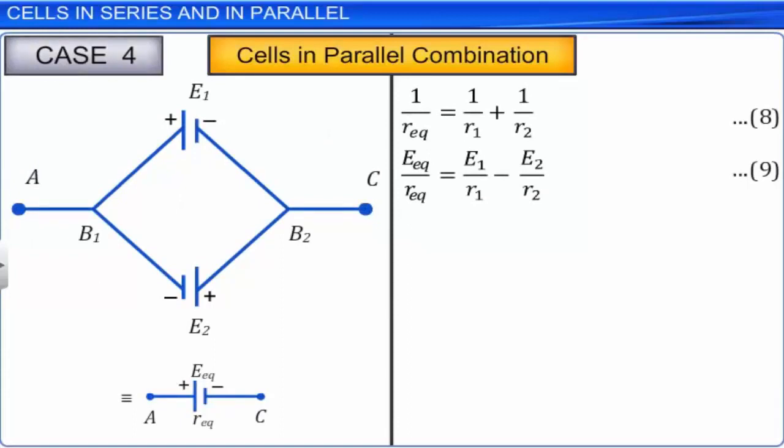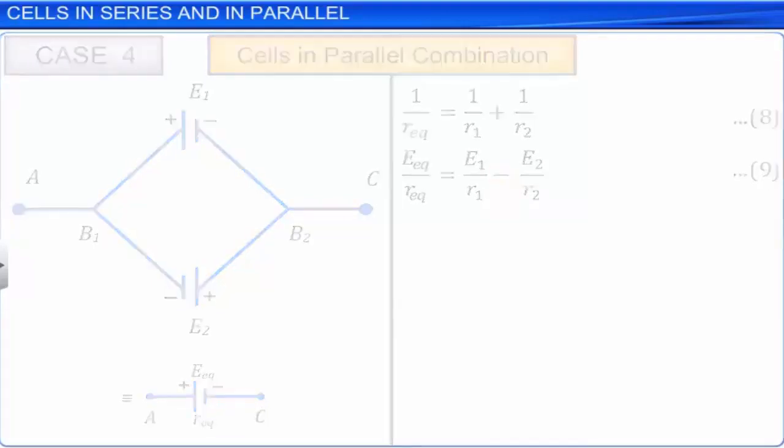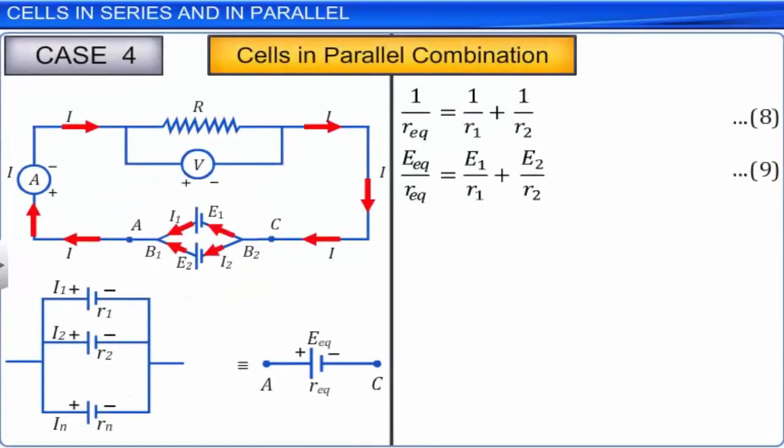Equations 8 and 9 can be extended when n cells of EMF E1 to En with internal resistances R1 to Rn are connected in parallel combination. They can be replaced with a single cell of EMF EEQ and internal resistance REQ.